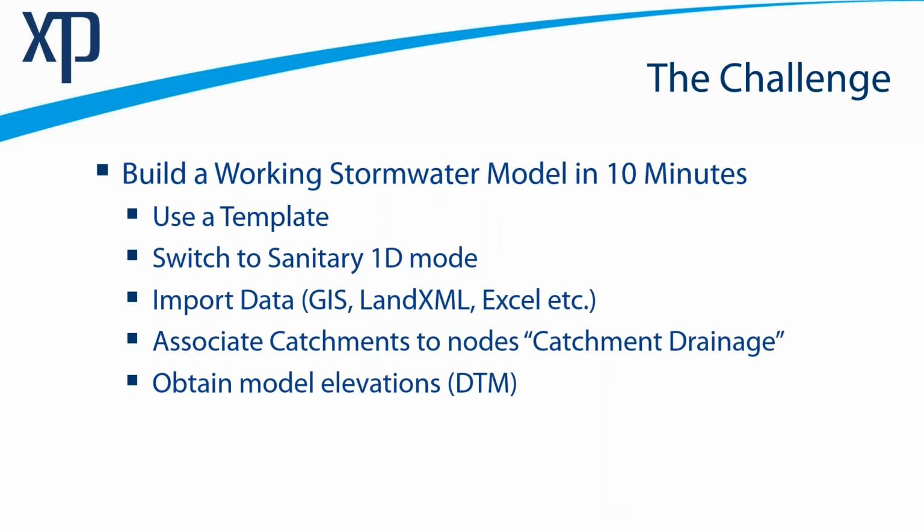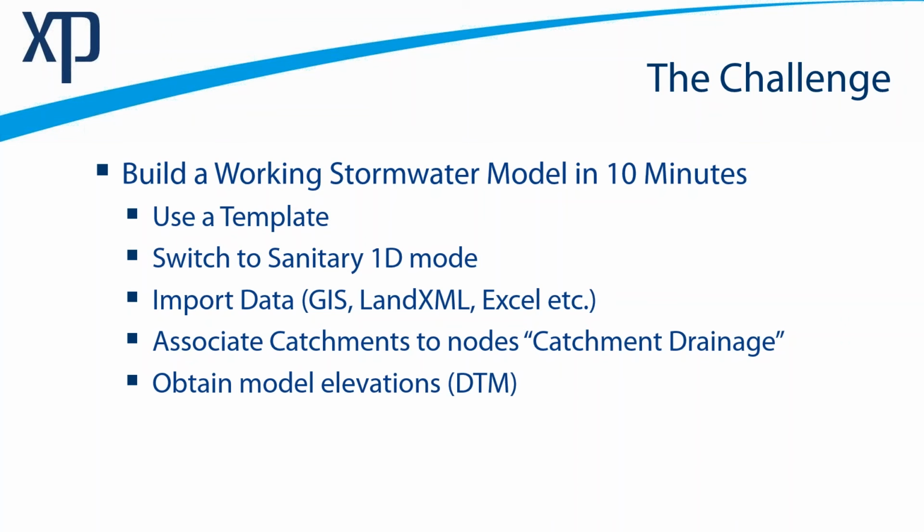In fact, I've given myself a challenge, and the challenge is that I'm going to build a stormwater model in 10 minutes. I'm going to attempt to accomplish this by using a template to start my modeling, by switching to what's called a sanitary or 1D mode in the software.